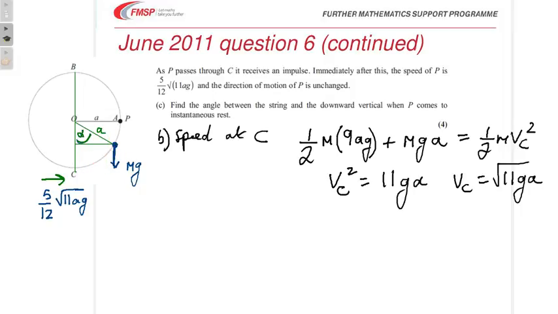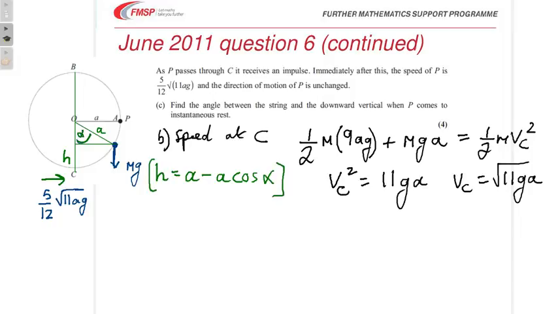I've drawn a diagram showing the point at which it comes to rest, with the radius at an angle alpha. Importantly, what we need is the height difference. I'll do that in green: h equals a minus a cos alpha. We're going to need that.